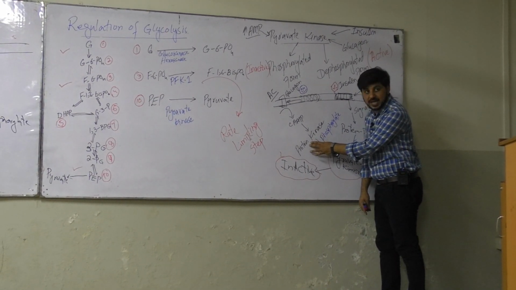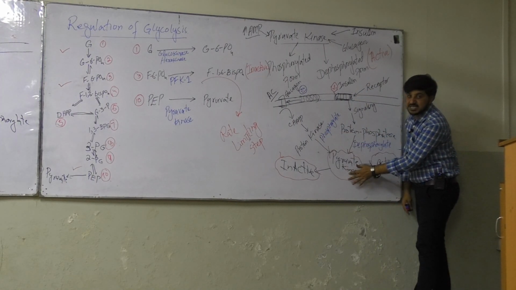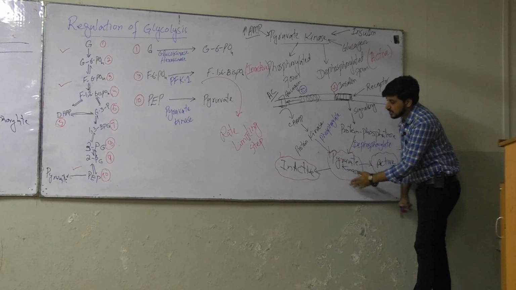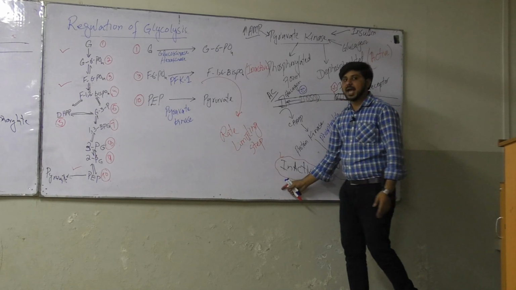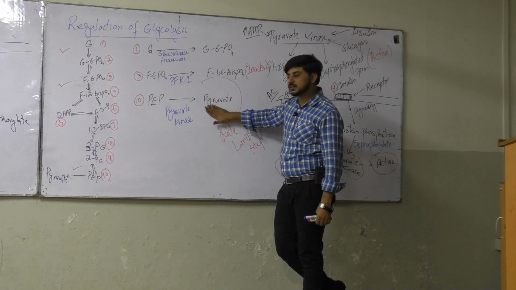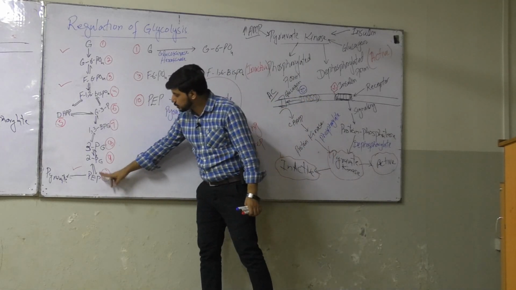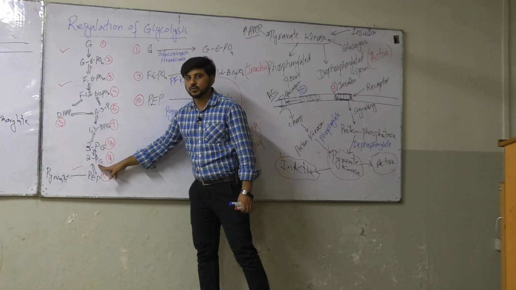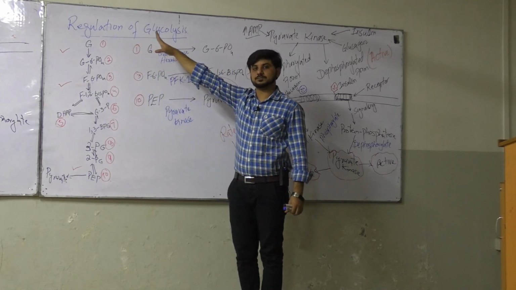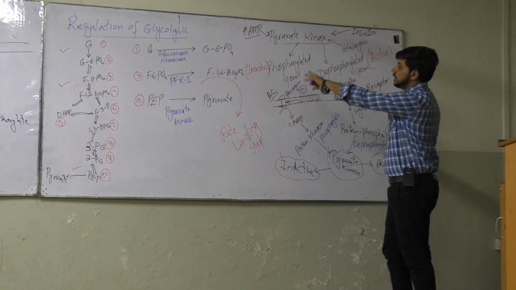When this protein kinase is active, it will phosphorylate this key enzyme. When this key enzyme is phosphorylated, it means it is now inactive and there will be no formation of pyruvate. Rather, the body will start converting this phosphoenolpyruvate back into 2-phosphoglycerate and on to glucose. So this was the regulation of glycolysis.